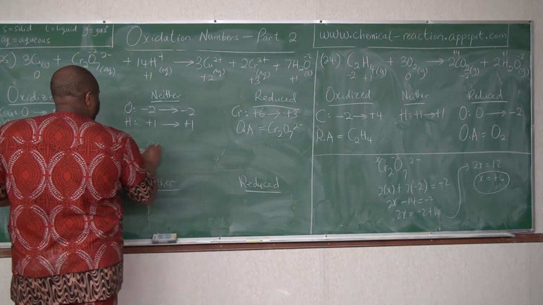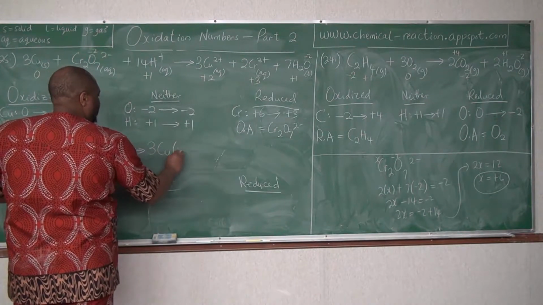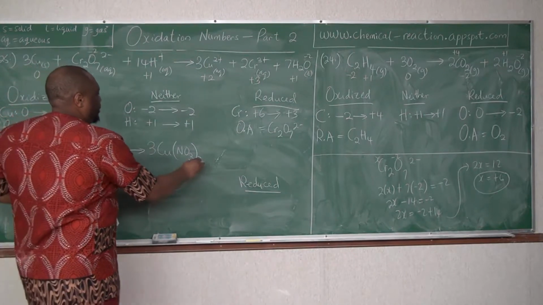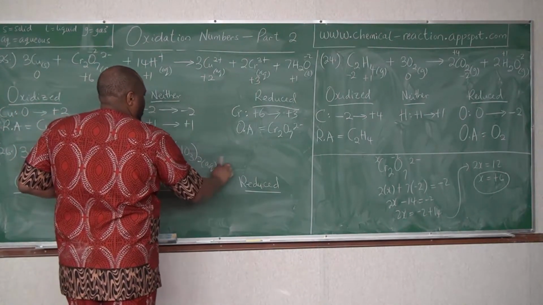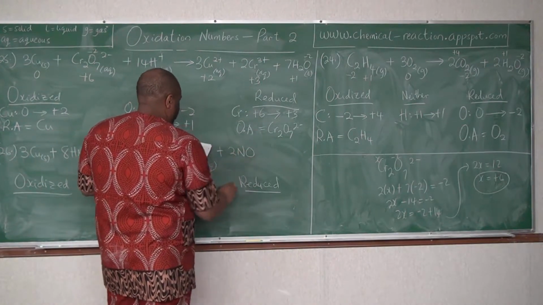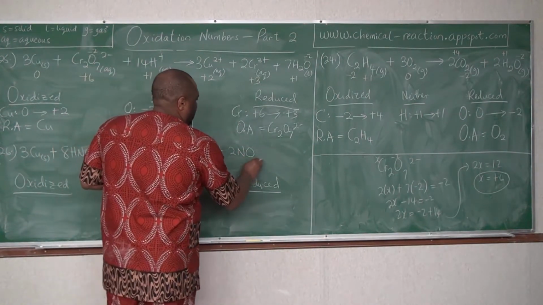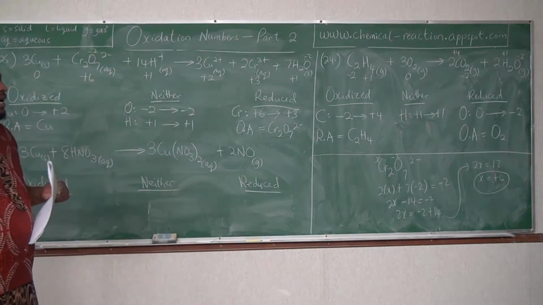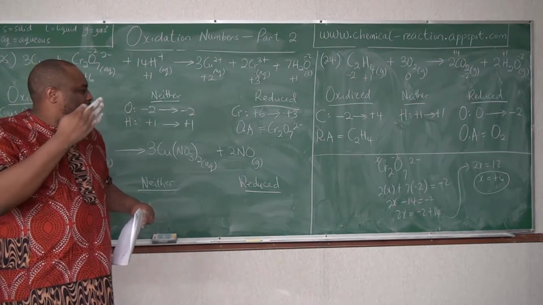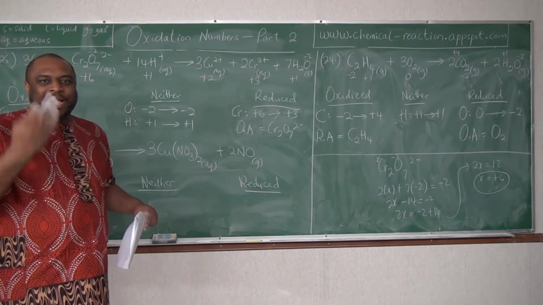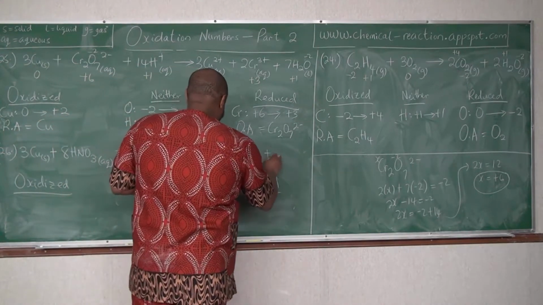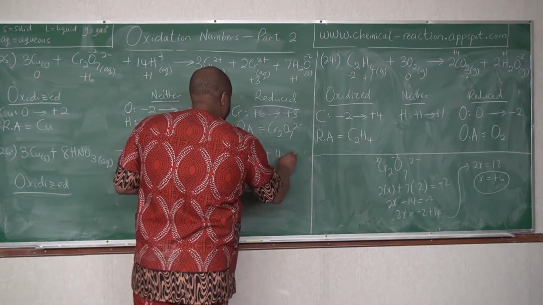This gives you 3 moles of aqueous copper nitrate, and 2 moles of gaseous nitrogen 2 oxide. I want you to be able to look at this and say the names. Plus 4 moles of liquid water.